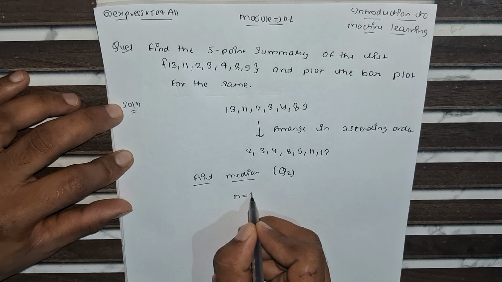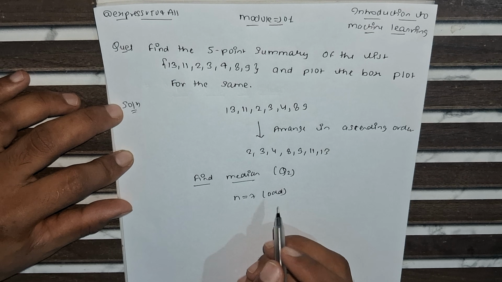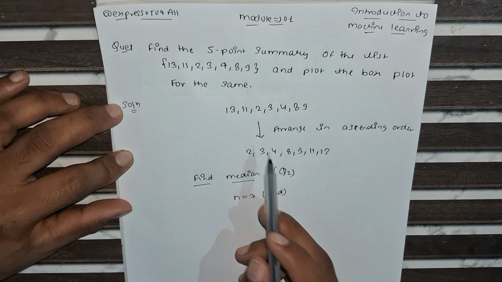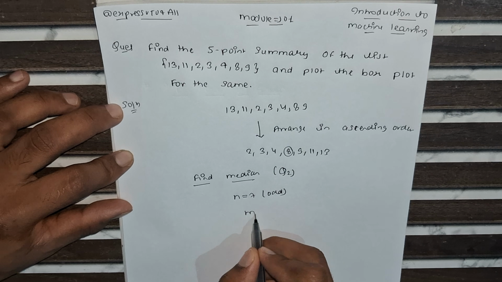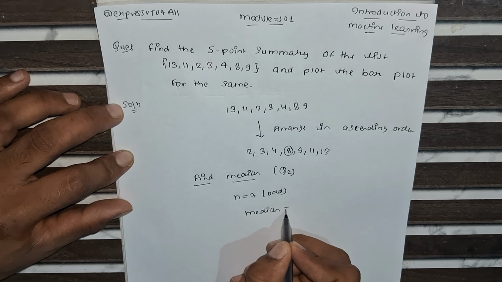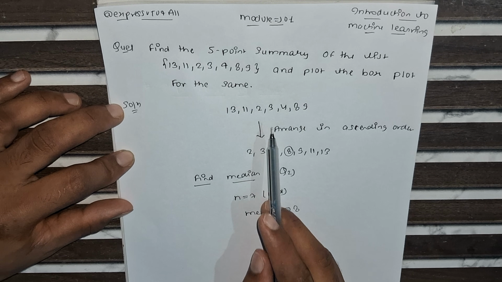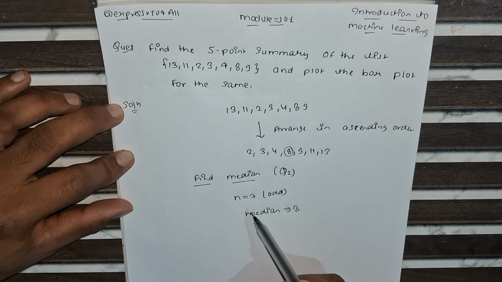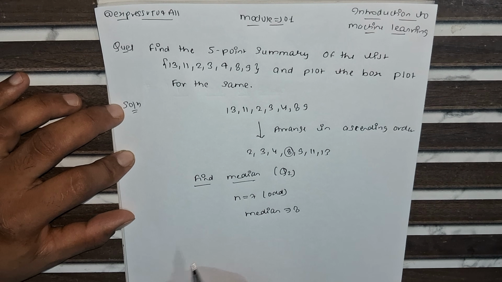N equals 7, which is odd. So now we can clearly see that the median of this given list is directly 8. Why? Because there are 7 elements in this list, that's why we can easily get the median, which is equal to 8.